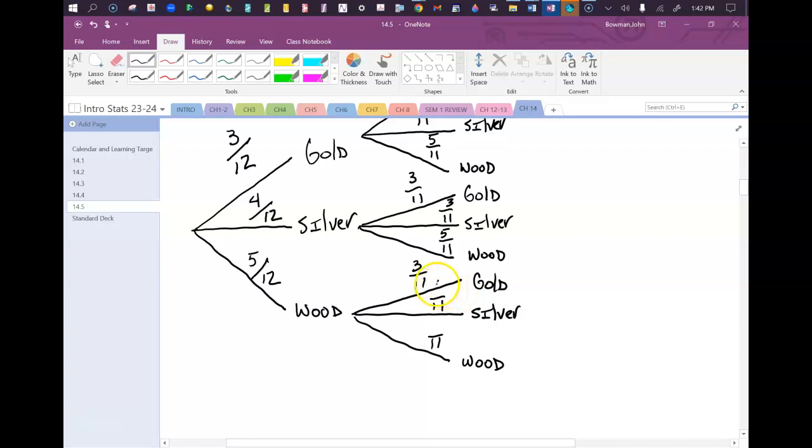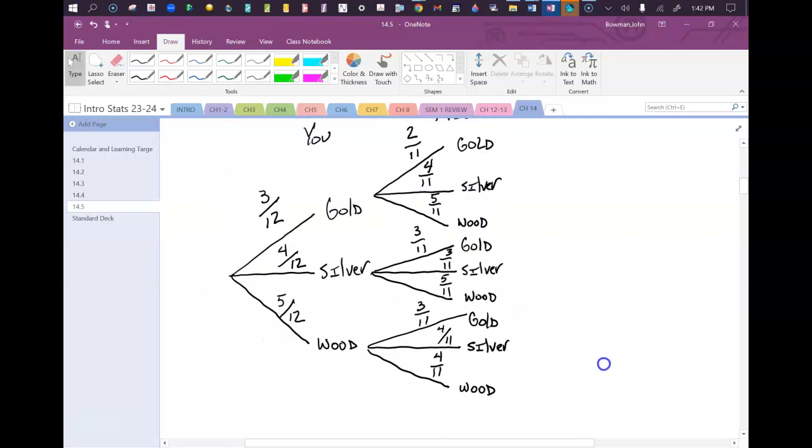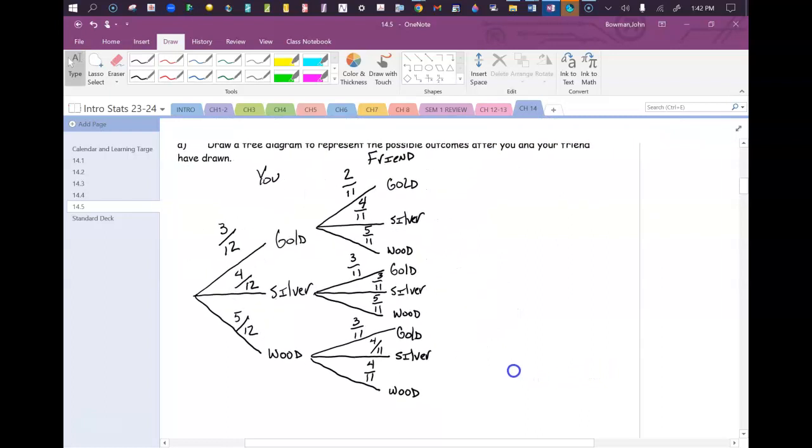There would be 4 left out of 11. And given that you've drawn Wood Hall, what's the probability that your friend also draws Wood Hall? So there would be a total of 4 left out of 11.